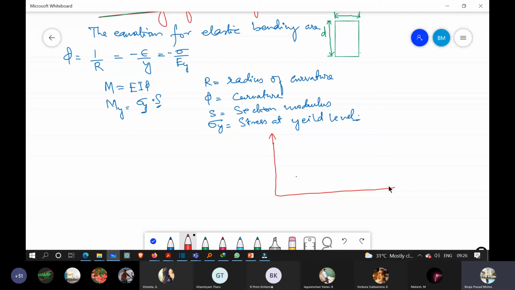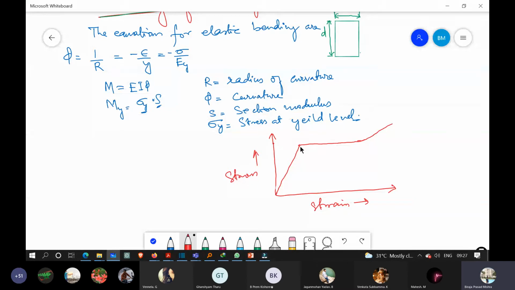If we plot the stress and strain on this axis, then it varies like this, then from here it is constant, and then it varies like this.